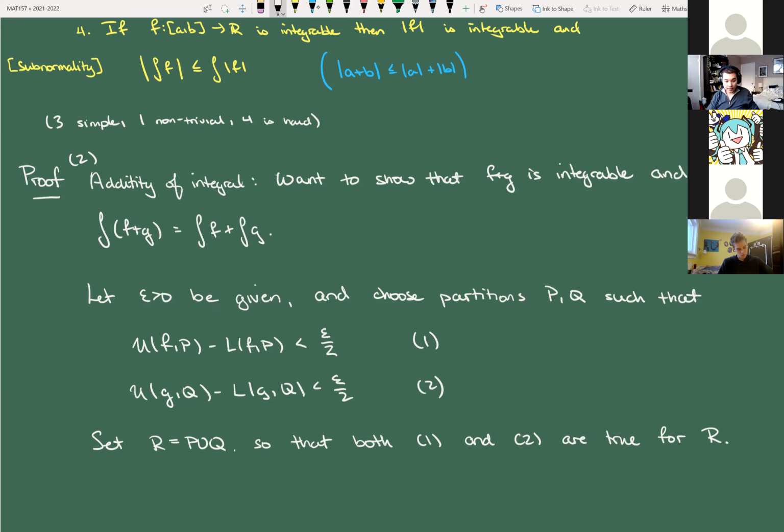Refinements will make things better, not worse. They always make things better. So if 1 and 2 are true, it's also true for R. And again, if you want to formally prove it, that's actually probably a really good exercise of just playing around a little bit with partitions. So go ahead and give it a shot if you were looking for more practice there.